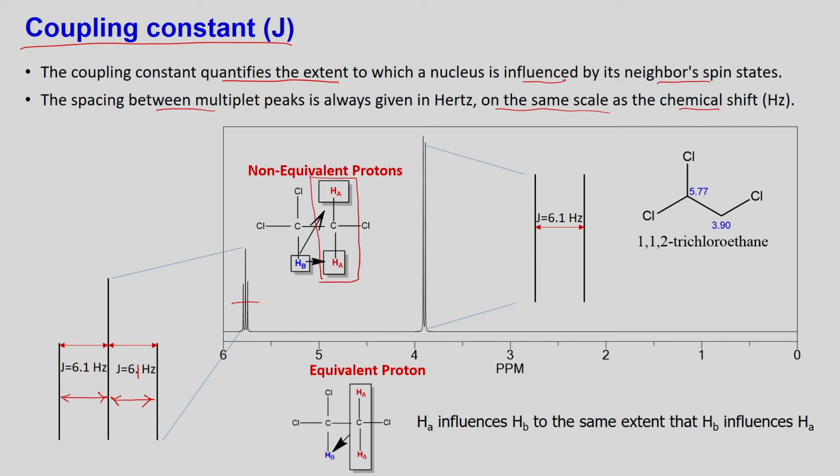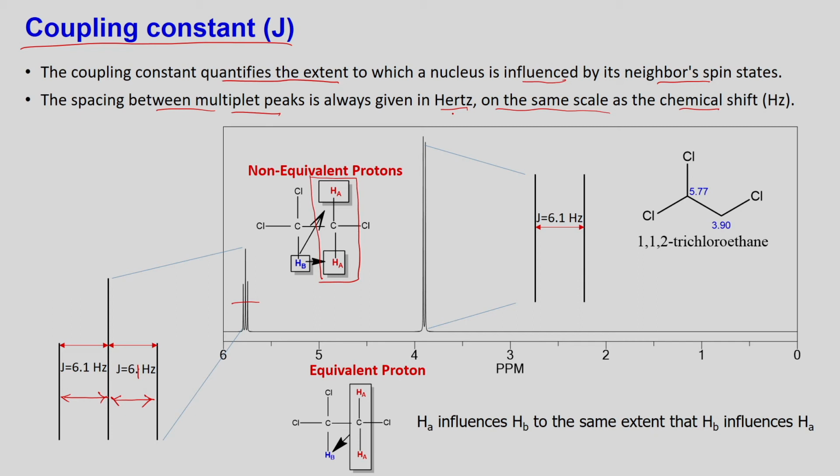So, whether it is 100 megahertz or 60 megahertz, the positions of these particular coupling constants will be the same. So, the difference between these two values will always be the same. If you see here, the difference in the two peaks is 6.1 Hertz. So, the spacing between the multiple peaks is always given in Hertz.